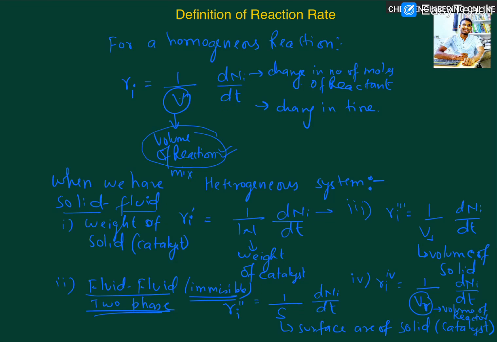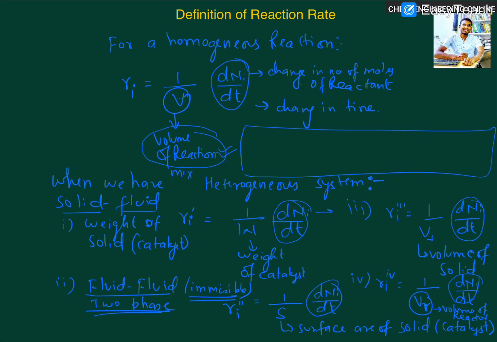So in this way we have 5 definitions of reaction rate based on different conditions. We see that dNi over dt is common in all the definitions, that is change in number of moles per unit change in time. So we can equate all the equations and write a general expression.